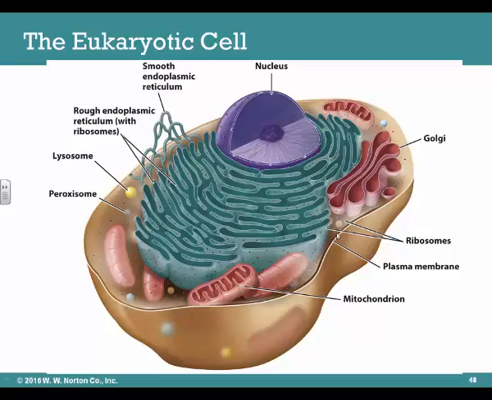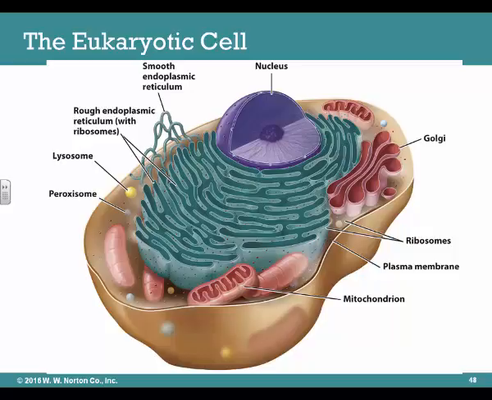One organelle that is not membrane bound is ribosomes, but it's considered one of the organelles in any cell. So both prokaryotic cells and eukaryotic cells must contain ribosomes because they carry out the conversion of that RNA, the message that was formed from the DNA gene, and they convert that message into the form of a functional protein.